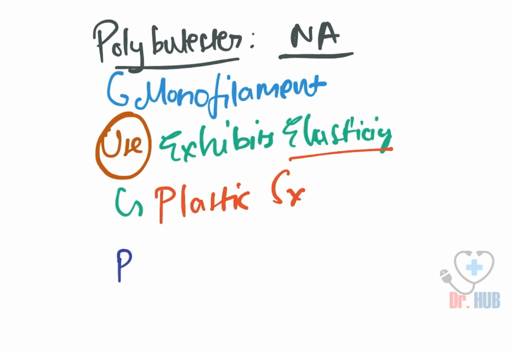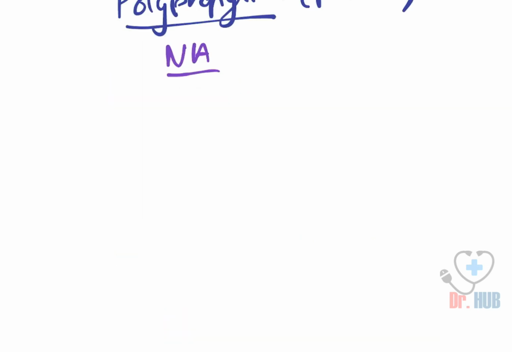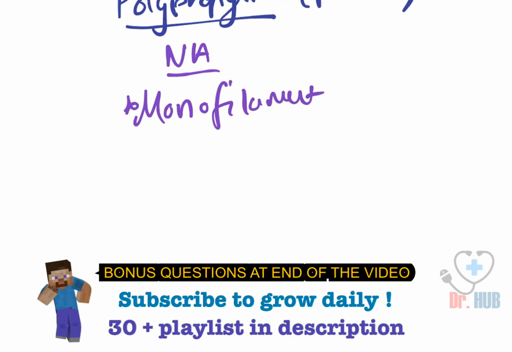So then we look at the polypropylene. So what is a polypropylene? It is the Prolene. Again, it is a non-absorbable suture material, and it is a monofilament. Next, what is the use of this polypropylene?